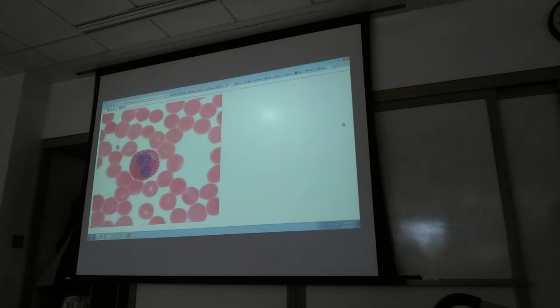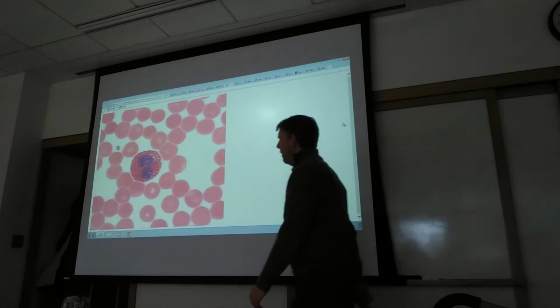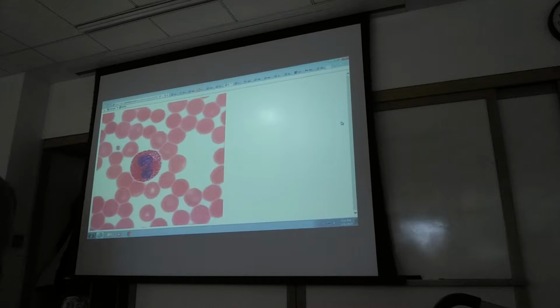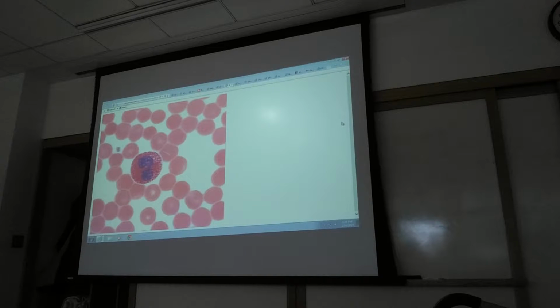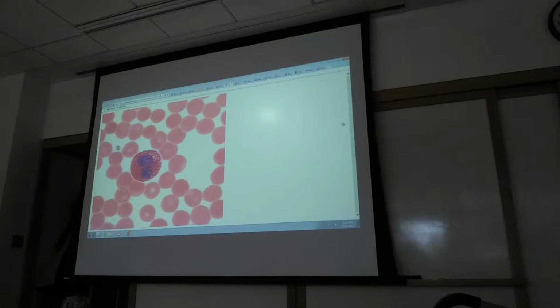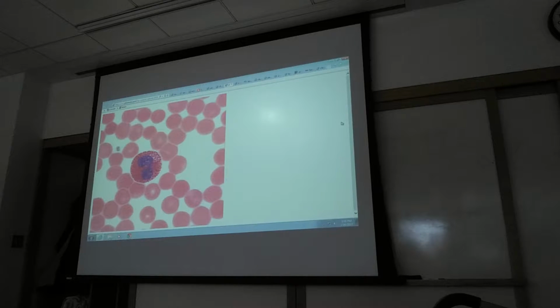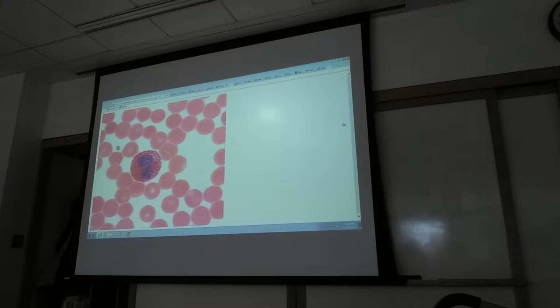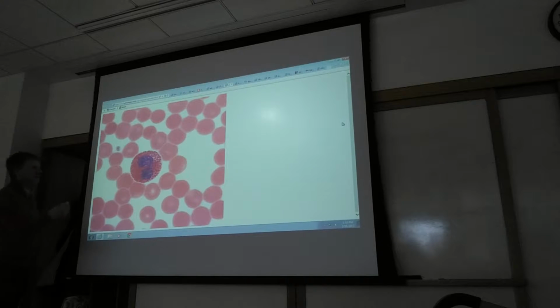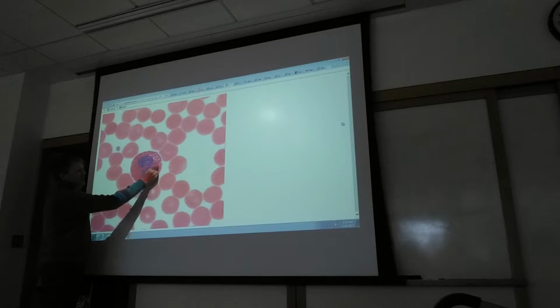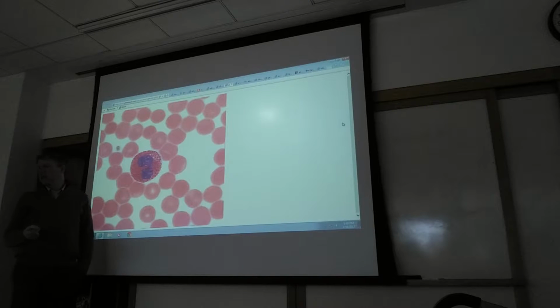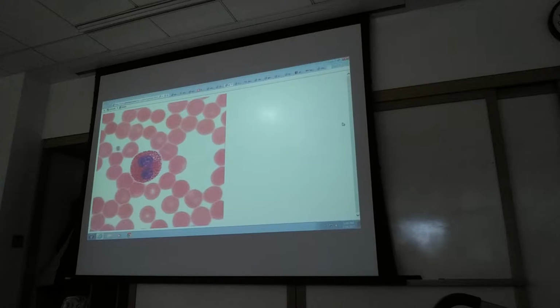This, on the other hand, is an eosinophil. Eosinophils got their name because they love this particular stain called eosin. And eosin stains things reddish or pinkish. So the key thing with eosinophils, if you look in the cytoplasm, they'll have these big chunky red dots to them. Okay? So if you see big chunky red dots, think eosinophil.